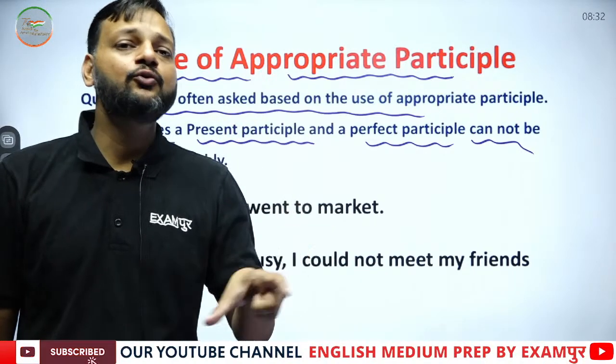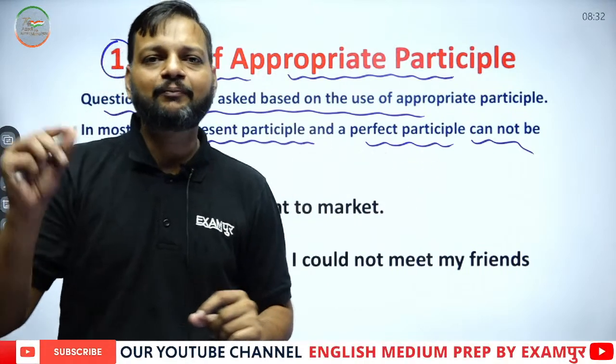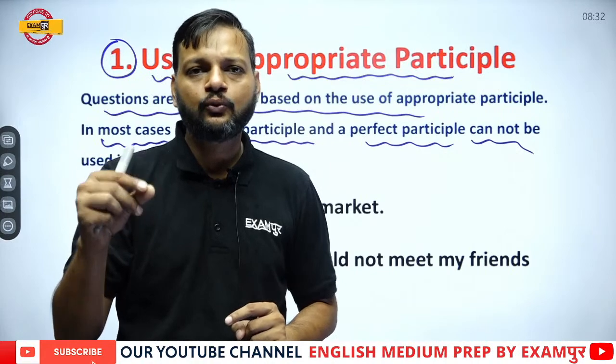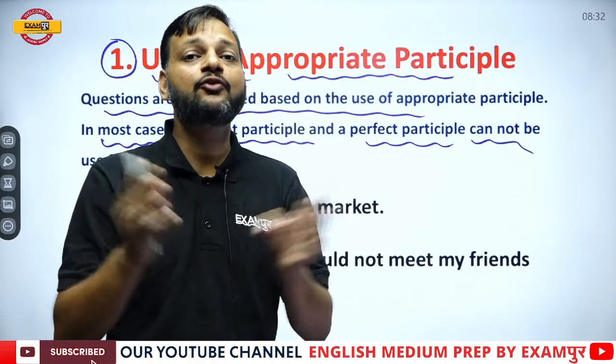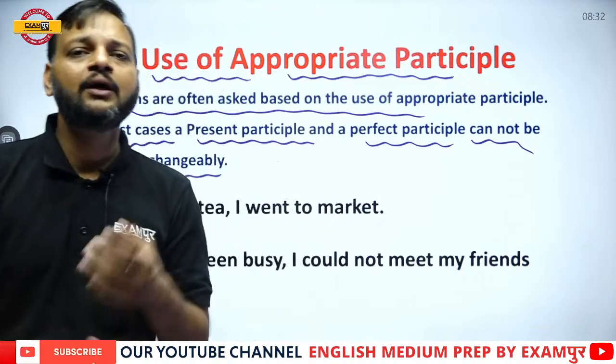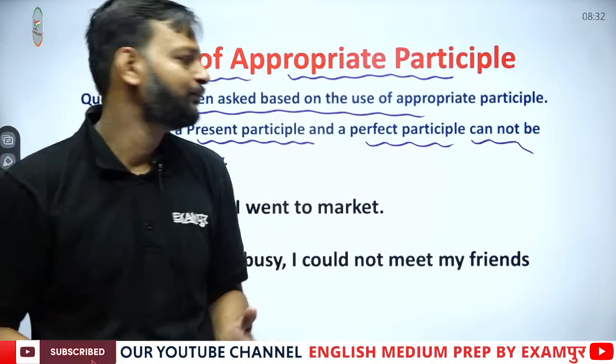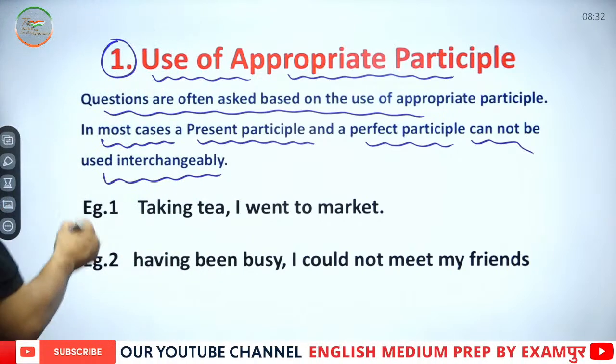Present participle is used to join two sentences with simultaneous action, whereas perfect participle is used to join two actions which are not simultaneous. So how can we use them interchangeably? We can't. Let's see example 1.